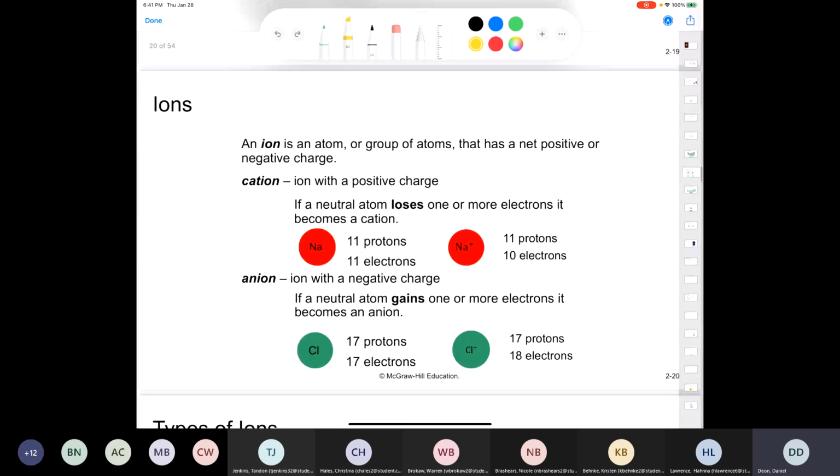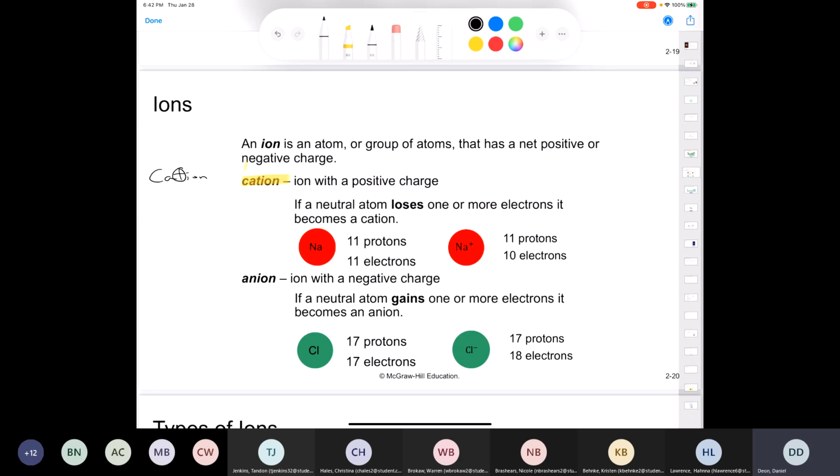I referred to ions earlier on, and I said that an ion is an atom or a molecule that has a charge, but I didn't really qualify what if the ion has a positive charge or what if the ion has a negative charge. If an ion has a positive charge, we call that a cation. The way that I remember that is C-A-T-I-O-N, right?